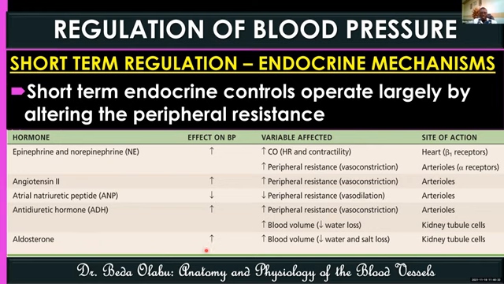Aldosterone increases blood pressure because it increases blood volume, because it reduces water and sodium loss in urine. Again, it tends more to be a long-term mechanism, but it can also act on a short-term basis. So what I want to capture about the short-term regulation and hormones is that you just mention a hormone and you state its role in blood pressure.